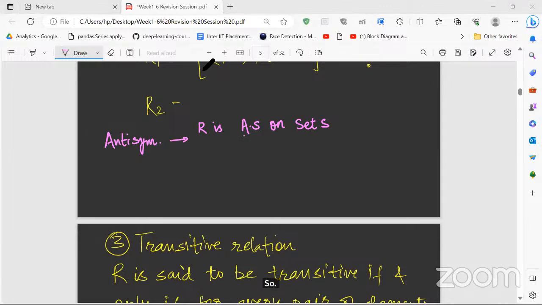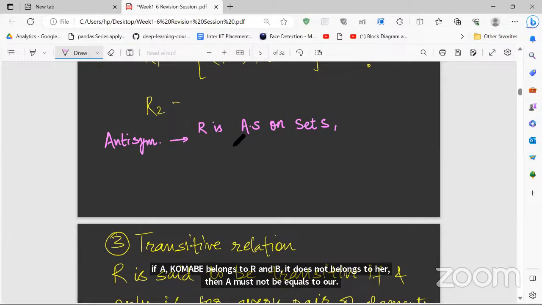Yes, sir. If a comma b belongs to R and if b comma a is also in R, then a must be equal to b. And if a comma b belongs to R and b comma a does not belong to R, then a must not be equal to b. Yeah, correct.